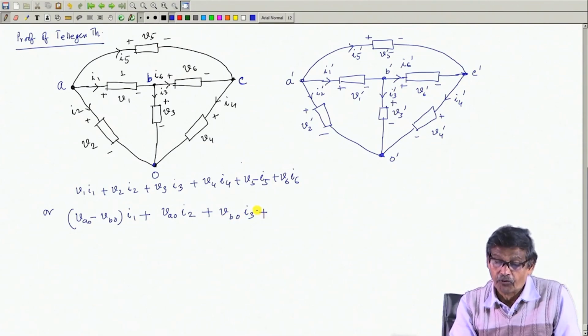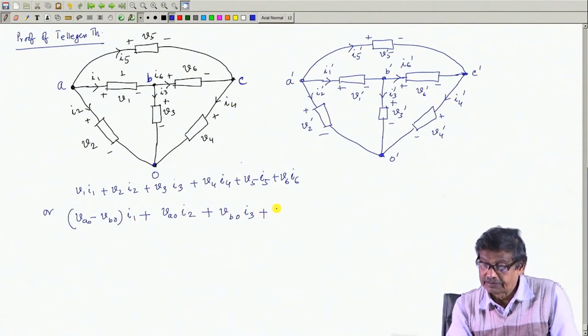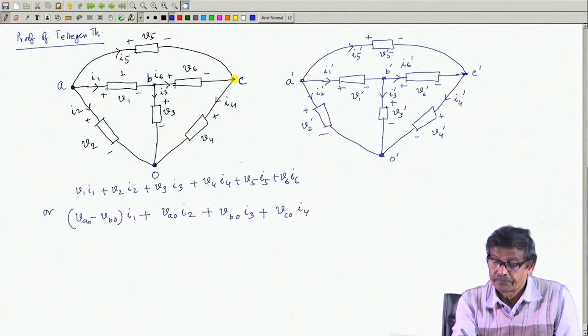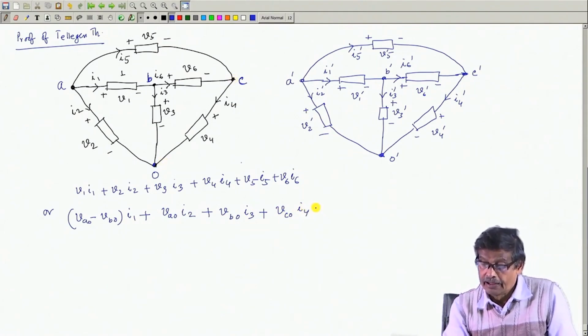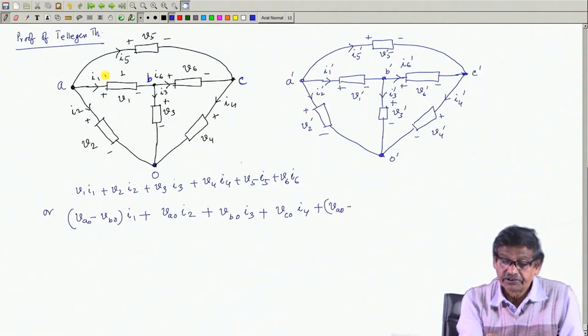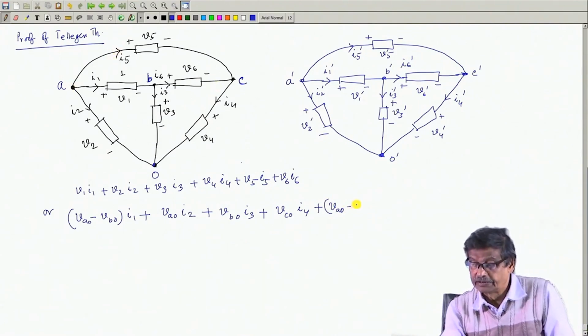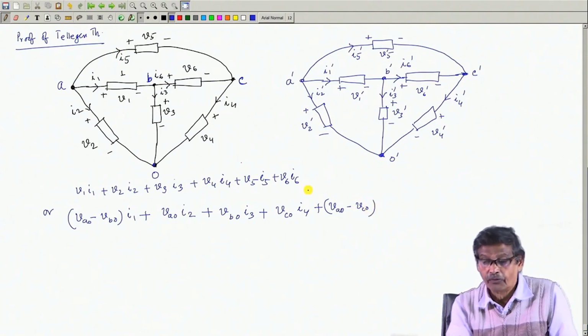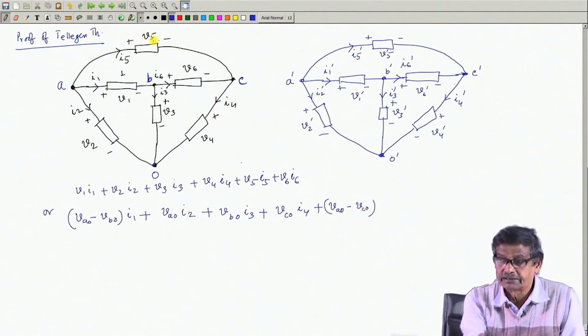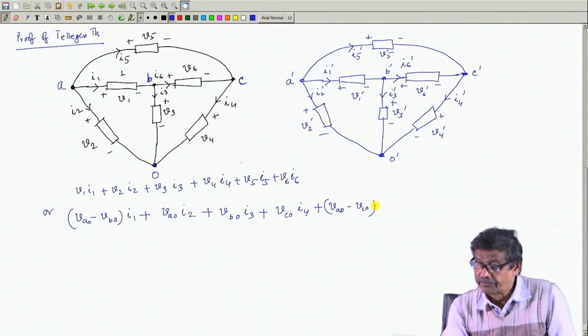For element 4, it is plus V_C0 into I4, and for element 5, it will be V_A0. Direction of current I have assumed like this. So, V_A0 minus V_C0 is the voltage which will make this side plus, this side minus, into I5.